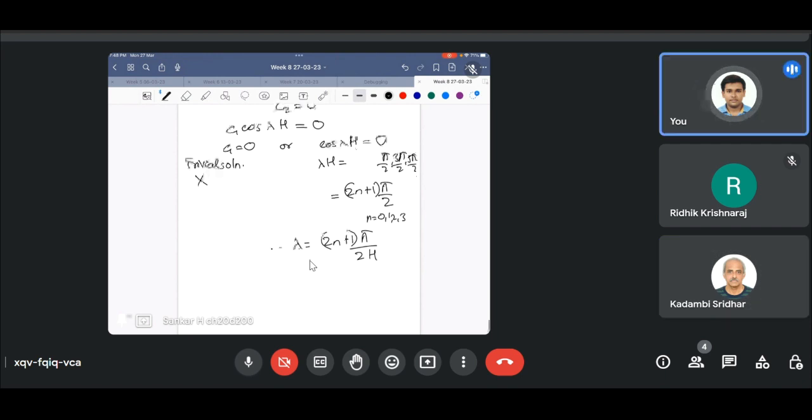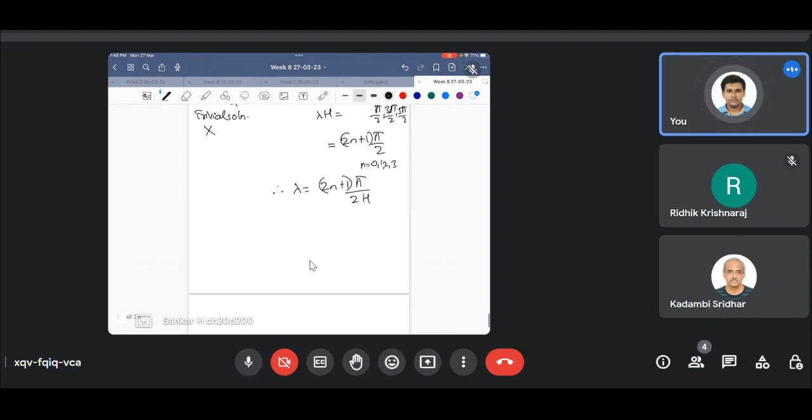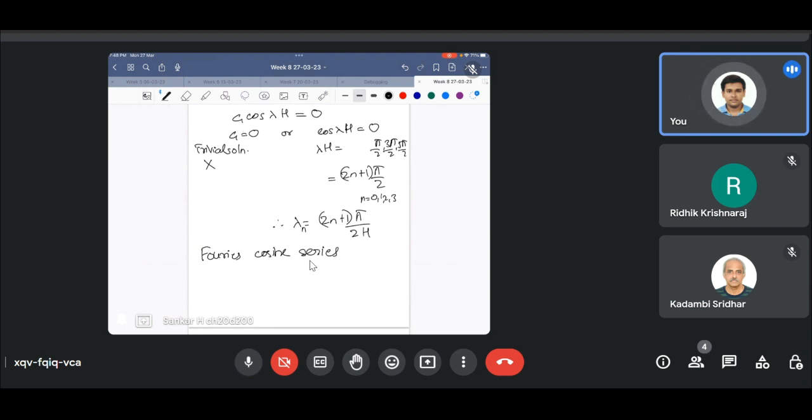Okay, and this solution will be a summation of all the solutions of this lambda. And here what we'll do is something known as a Fourier cosine series, where we have lambda n going from 0 to infinity.